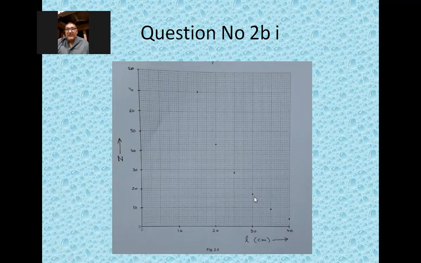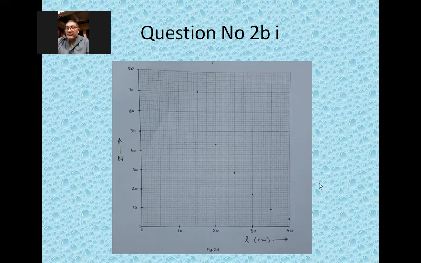Okay. So then we have this point, which is 30, 17. And then you have this point, which is 35, 9. And then you have this point, which is 40, 4. These are the coordinates that I have taken from table 2.1, and I have plotted them on the graph paper.